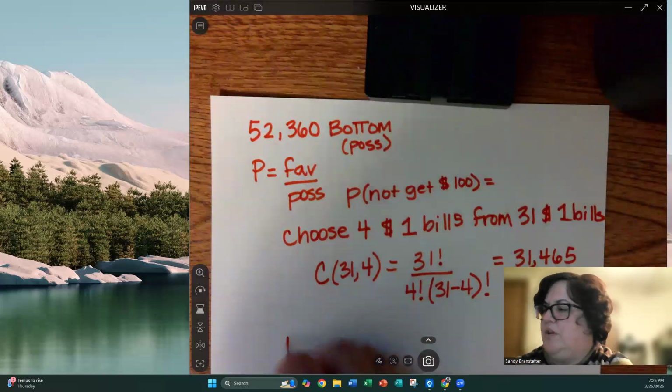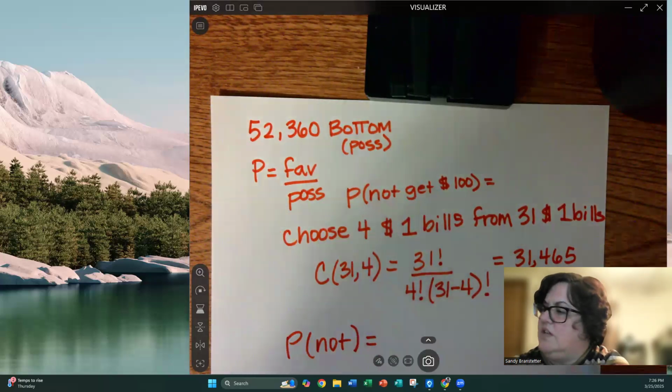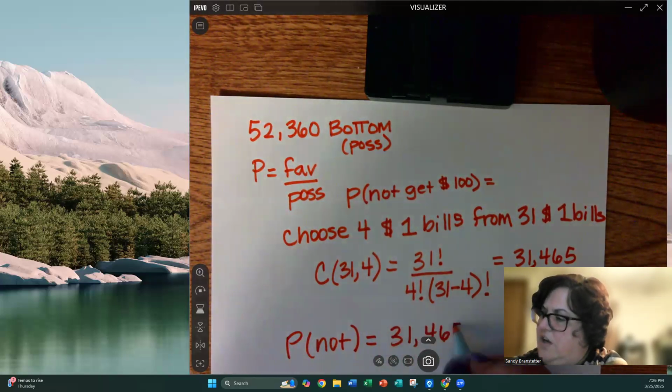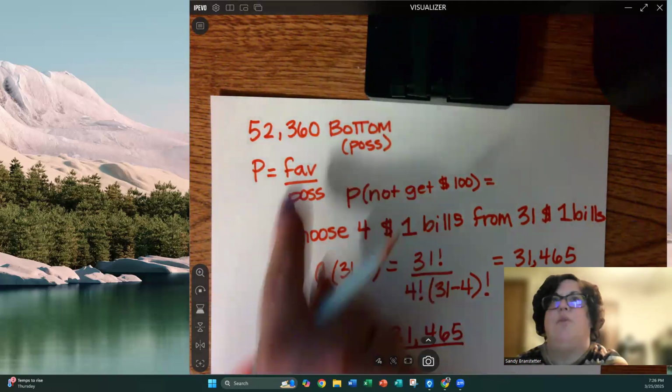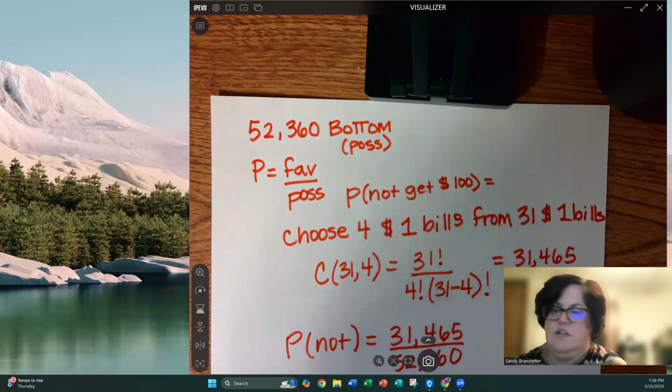So our probability of not getting what we want is this number, 31,465, out of our possible 52,360.